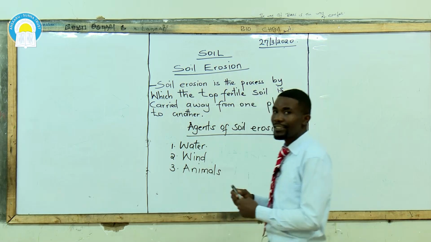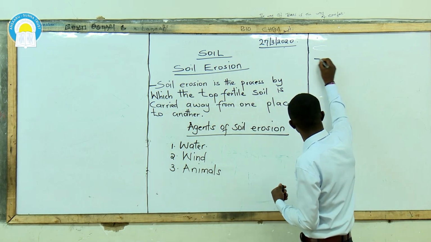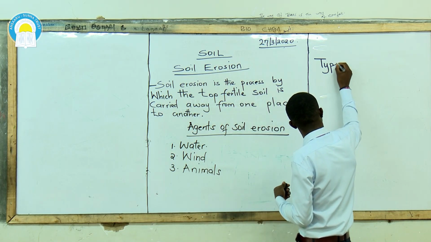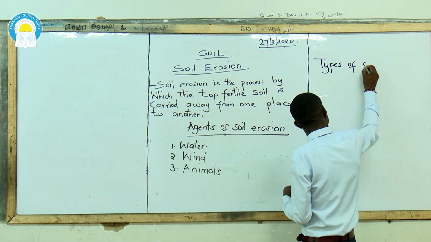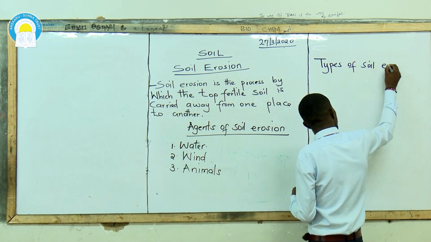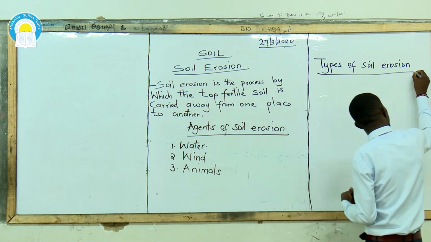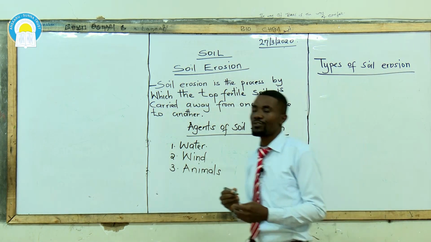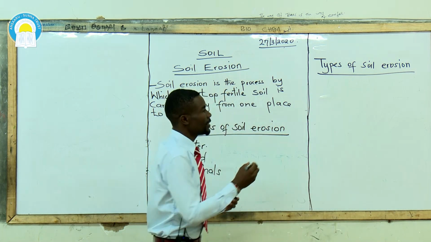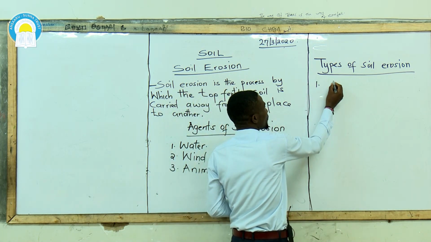Now, let us look at types of soil erosion. We have got different types of soil erosion. The first one here is sheet erosion.